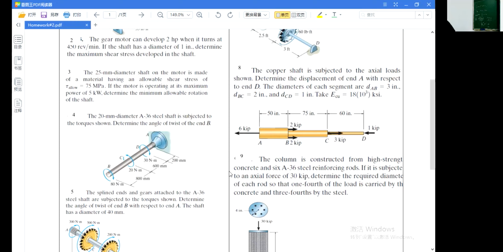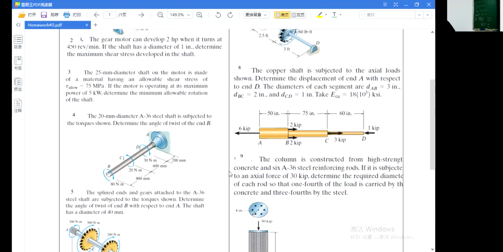For the shaft, it's how much? It's 8. Yes, now how much? It's 20. It's how much? 30. Is how much?